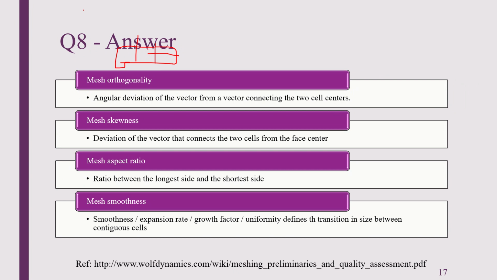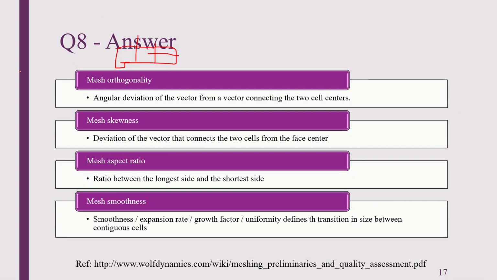And mesh skewness is the deviation of the vector that connects two cells from the face center. Whereas mesh aspect ratio is the ratio between the longest side and the shortest side.